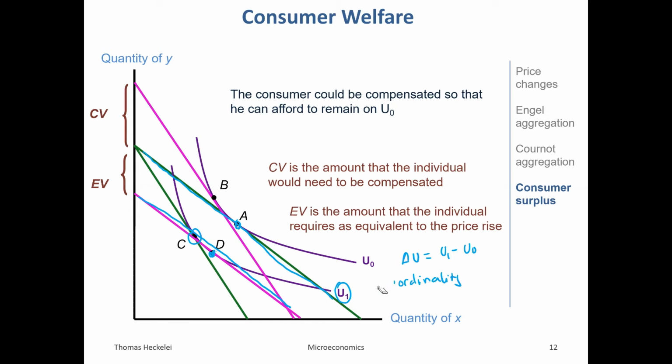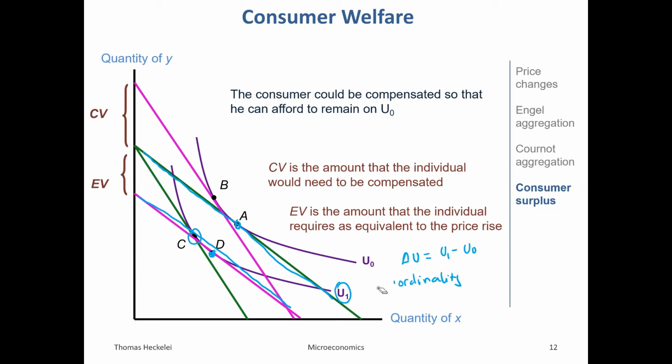So that means that only the ranking of the bundles or the baskets is important, not the absolute value of the utility. We are only interested in ranking, whether U1 is larger than U0 or U0 is larger than U1, but not the absolute difference. So this measure is, first of all, not informative.